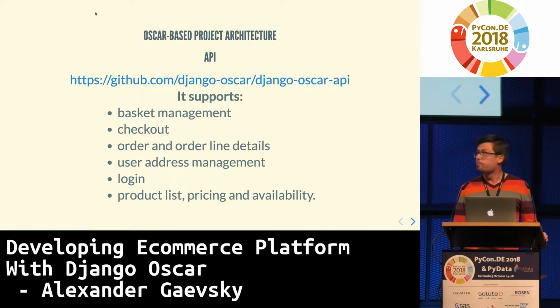It has basket management, checkout, order and order line details, user address management, login, product list, product pricing, and product availability. So basically, it's enough to start with. We personally have some custom checkout flows, so sometimes we implement the API from scratch.